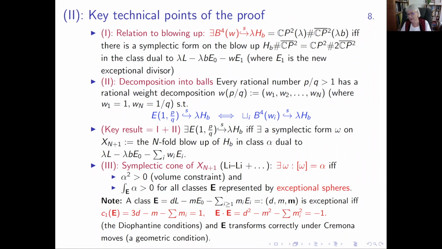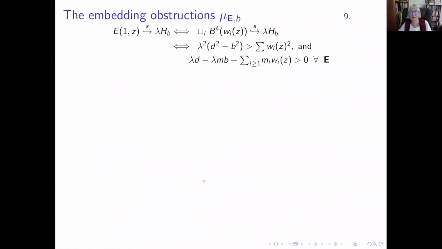So we're trying to find relevant exceptional classes which will give us obstructions, basically. The condition is that you have this embedding if and only if these conditions hold on the weights, and therefore that tells you that the embedding capacity function is bigger than or equal to this number here.